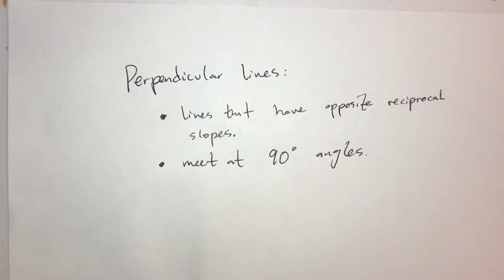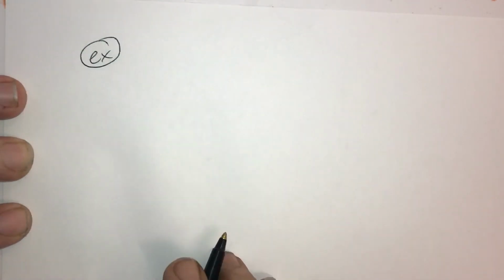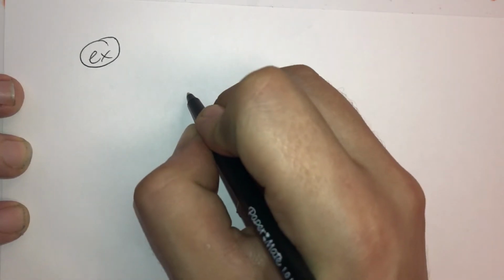Okay, so I'm going to do the same thing I did last time, and maybe we'll do a couple of different examples. I'll start off with the same kind of thing. So suppose I have a point and a line.